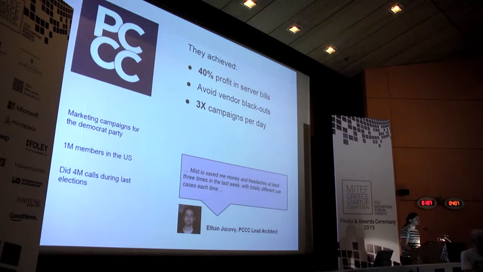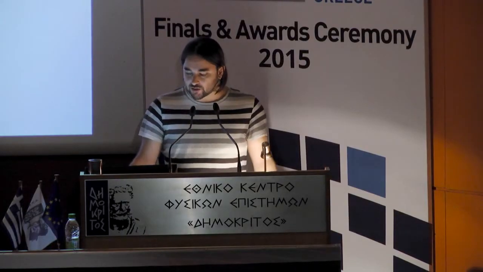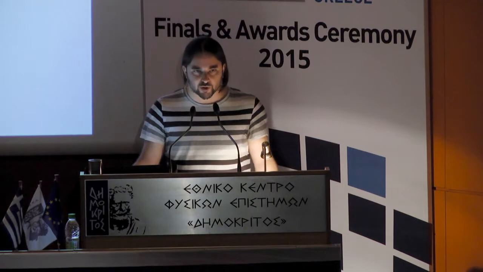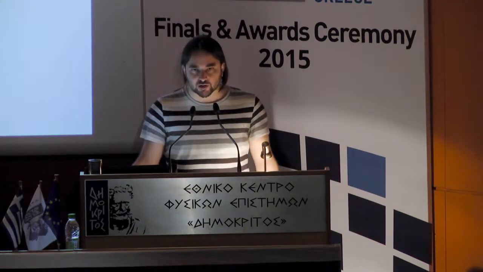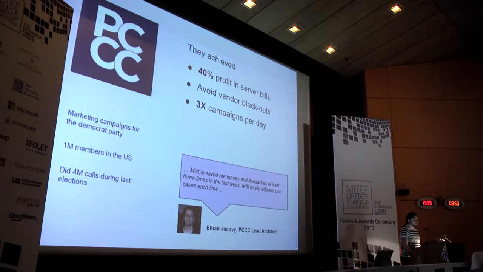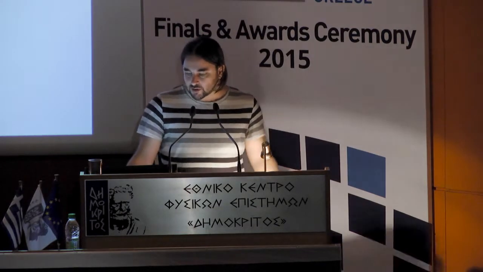Let's take a brief look at a couple of our customers. The Progressive Change Campaign Committee is a political organization from the US. They support the progressive candidates, and they used Mist.io for their polling application. They managed to significantly reduce their server bills and to run more campaigns per day.